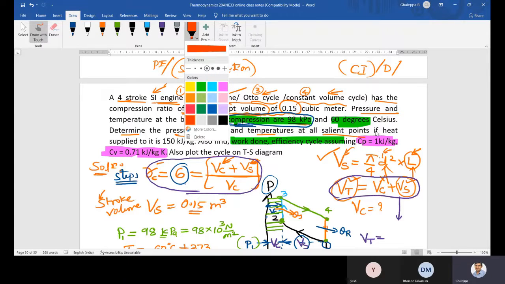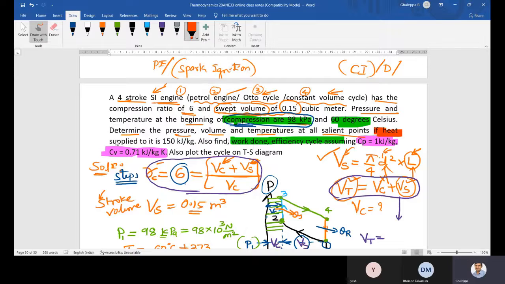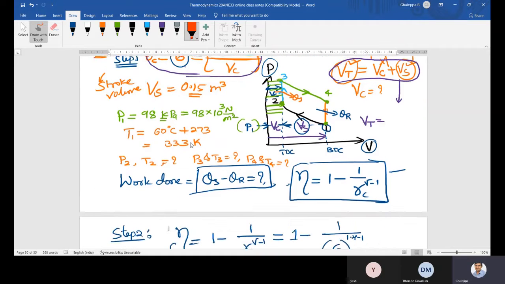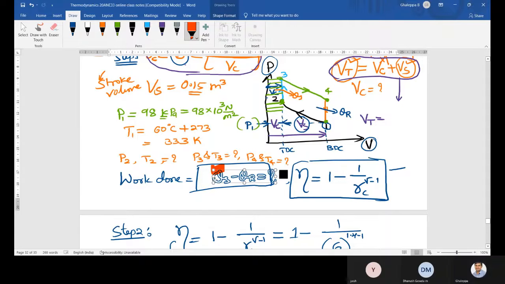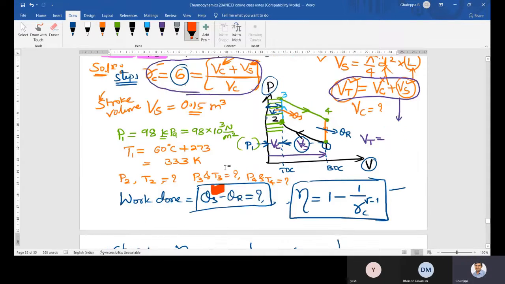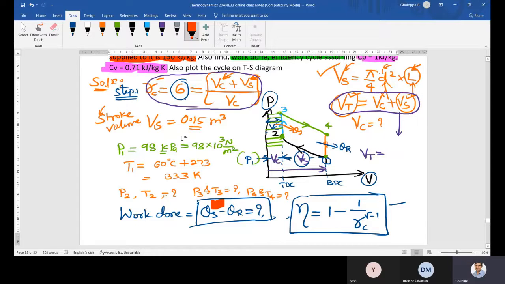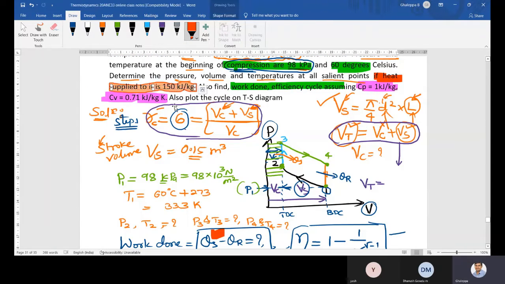What he has given: if the heat supplied to it is 150 kilojoule per kg, it means heat supplied, QS value, is given here. Heat supplied to it means to the cycle is 150 kilojoule per kg.